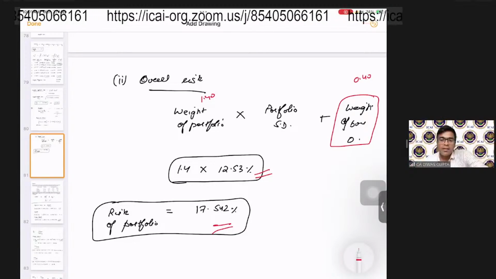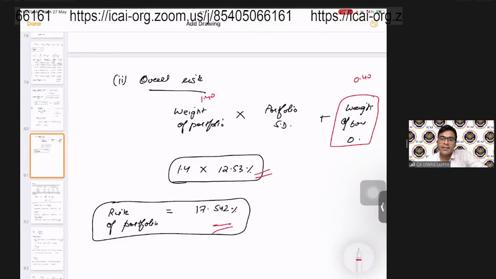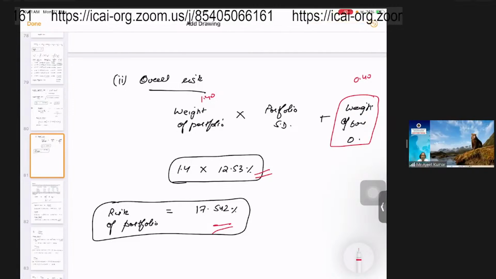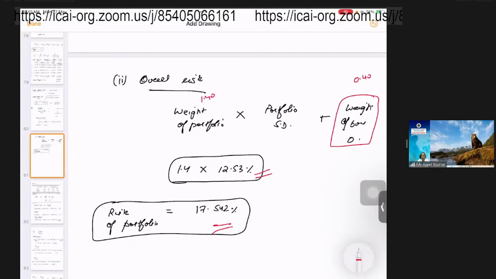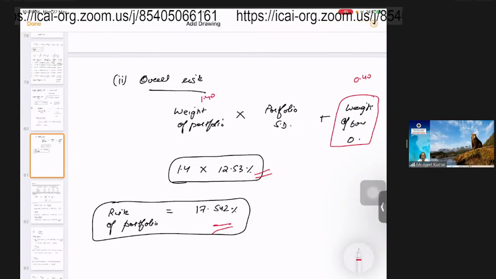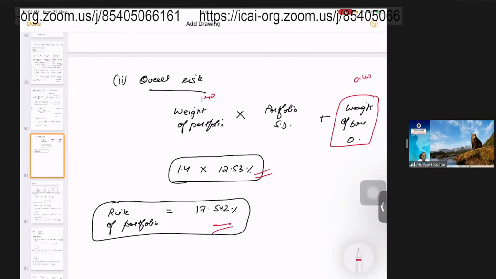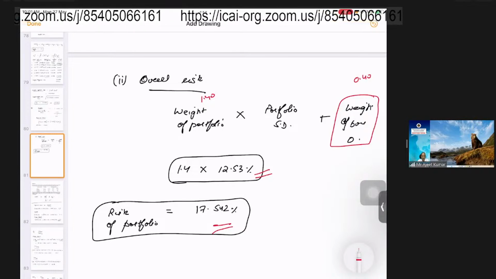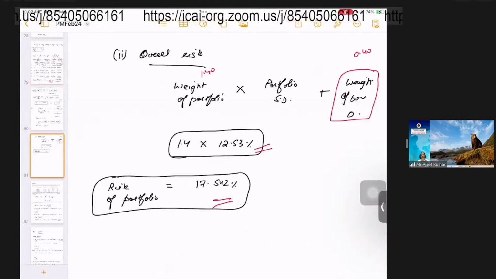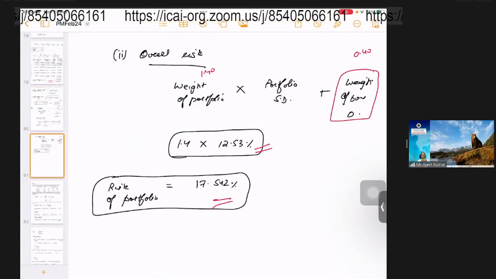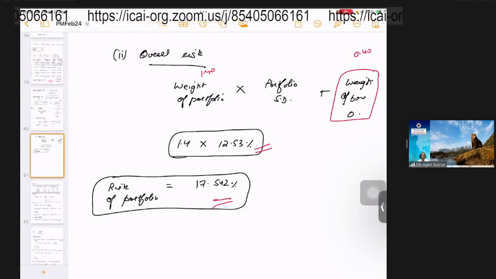Sir, one query from Abrikesh. He's asking for any detailed content reference book for these two topics. Abrikesh, of course, in the market there are many books available. But the coverage of this book is very wide. From your syllabus point of view, the coverage is not that wide. From a research point of view, of course, there are many books available.